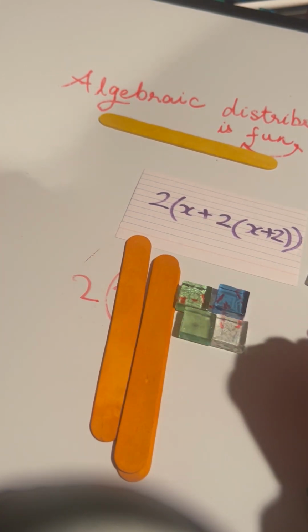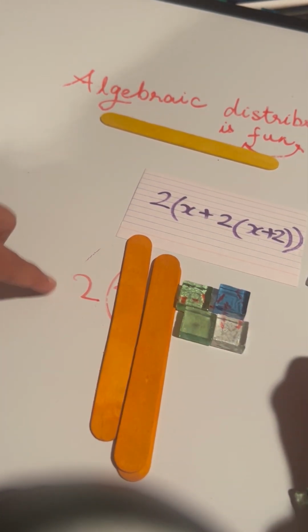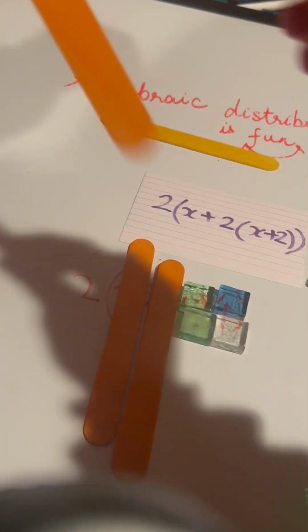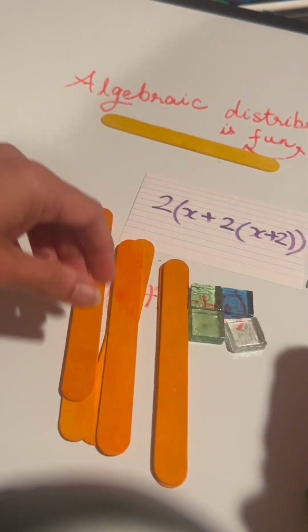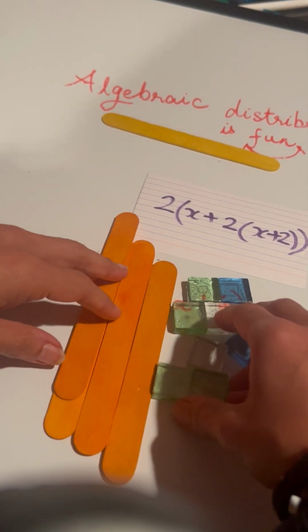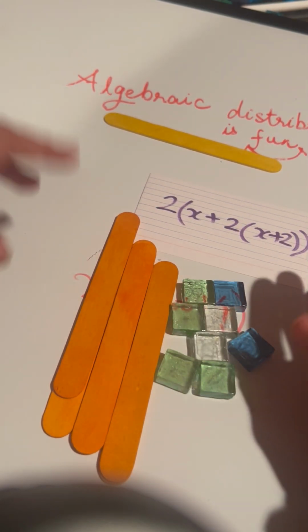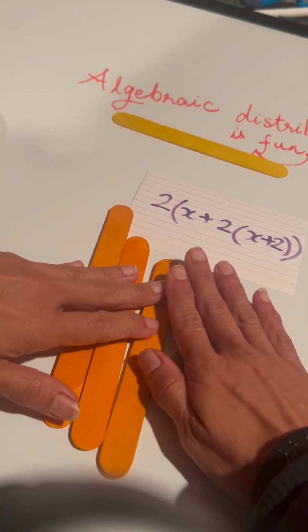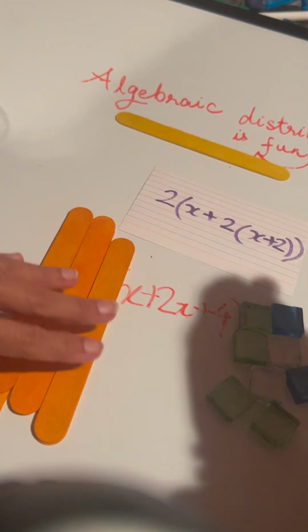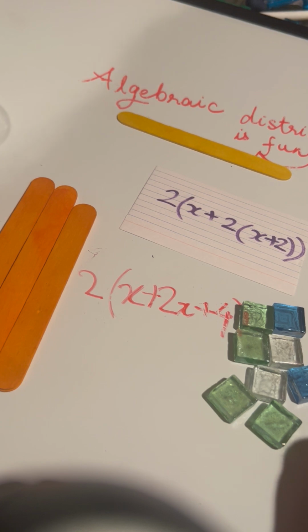And then again, like we did before, we need to double this. So let's throw in, how many do we have here? 3. So I need to throw in 3 more. That would double this. I have 4. I would need to throw in 4 more. And that is the complete picture here. So let's break it all down again. Keep this separate, keep this separate. 1, 2, 3, 4, 5, 6. That is 6x for me.